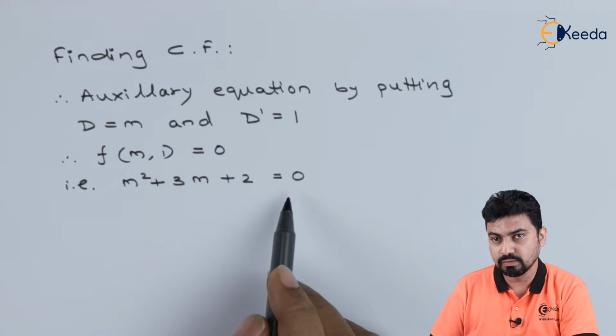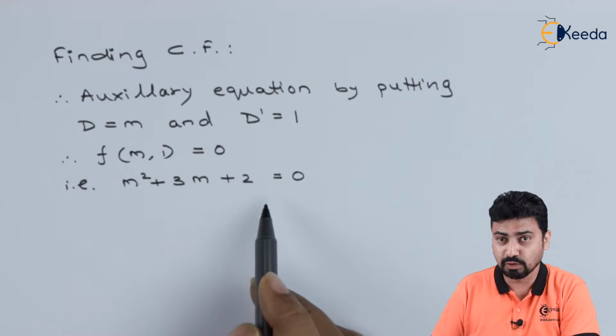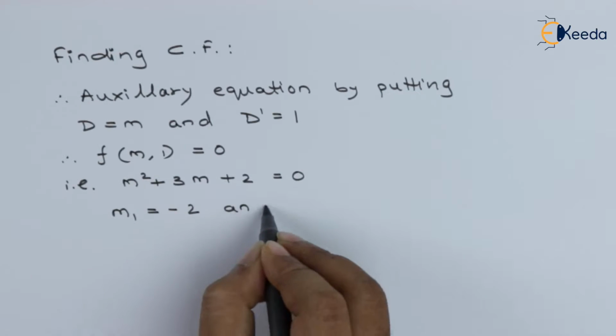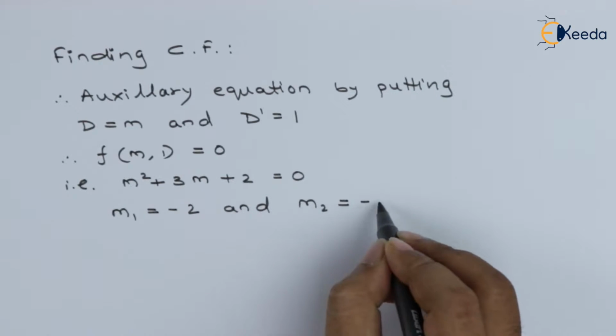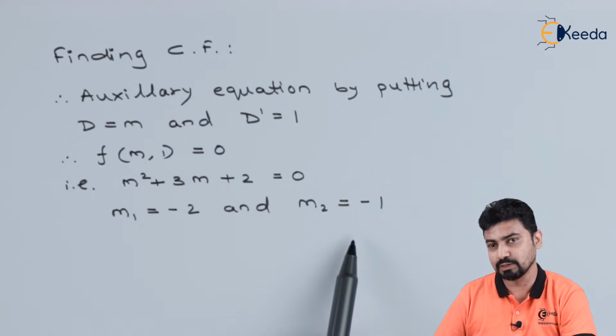Now we will solve this equation. Solving this equation, we get our roots, that is the values of m, as m1 is minus 2 and m2 is minus 1.